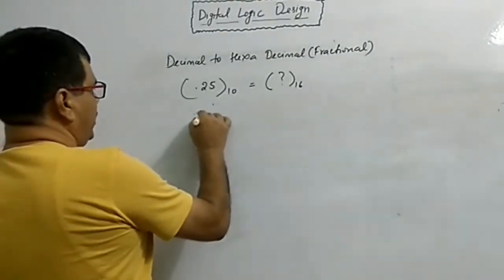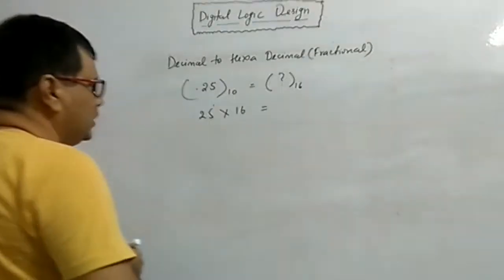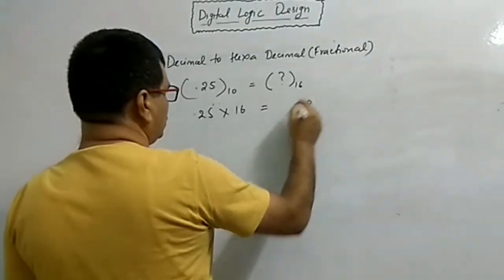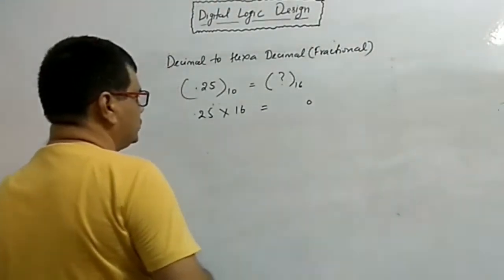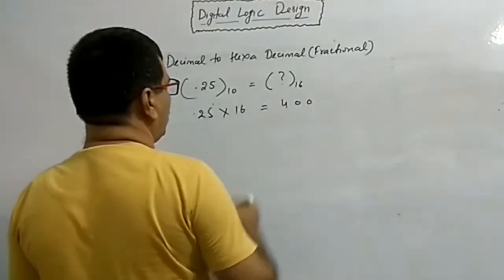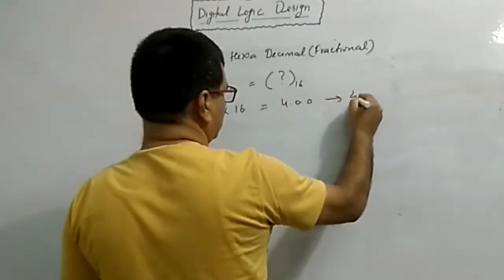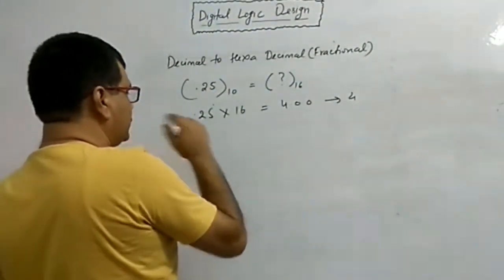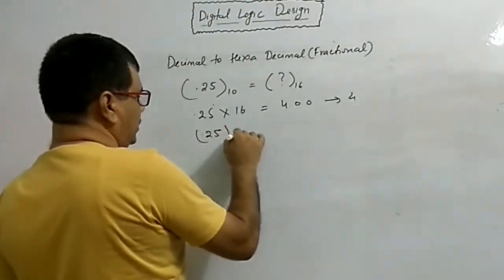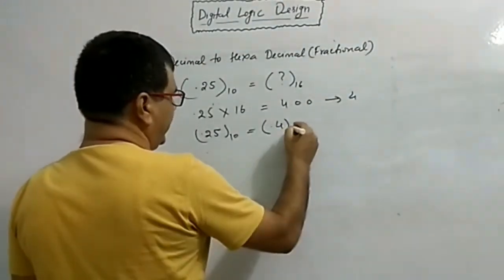That means 0.25 will be multiplied by 16, and that is equal to 4.00. 4 is the integer part. So you may write that 0.25 in the decimal number system is equal to 0.4 in the hexadecimal number system.